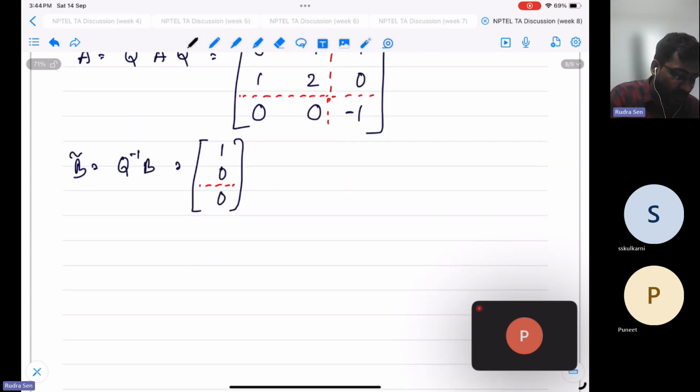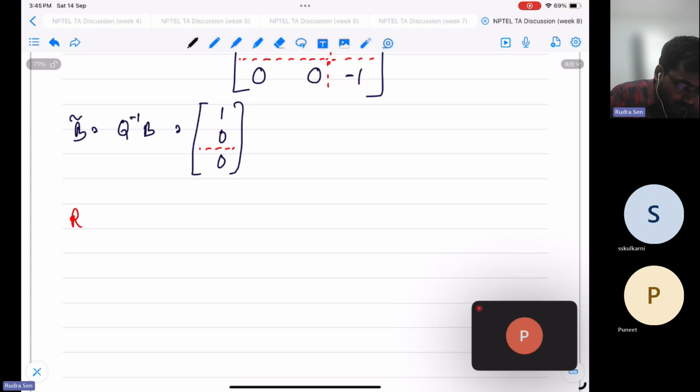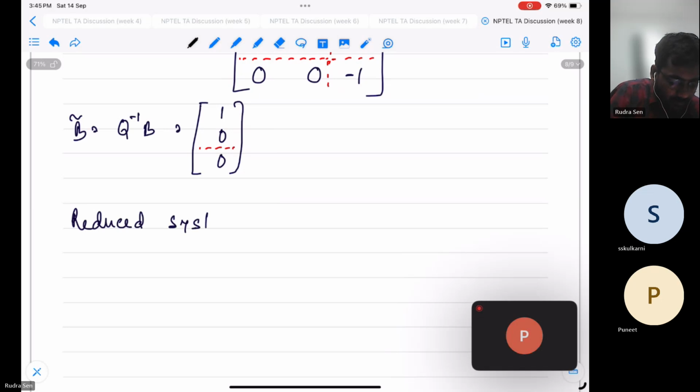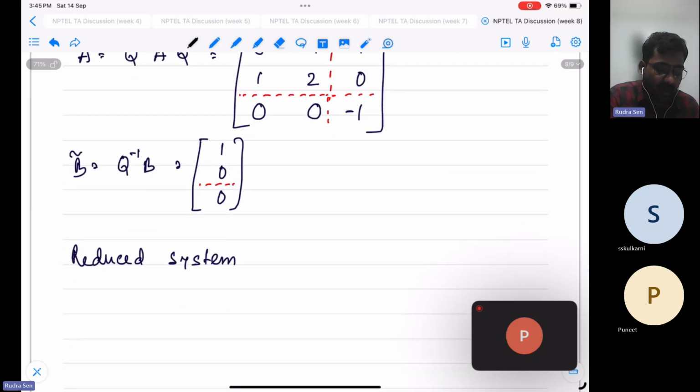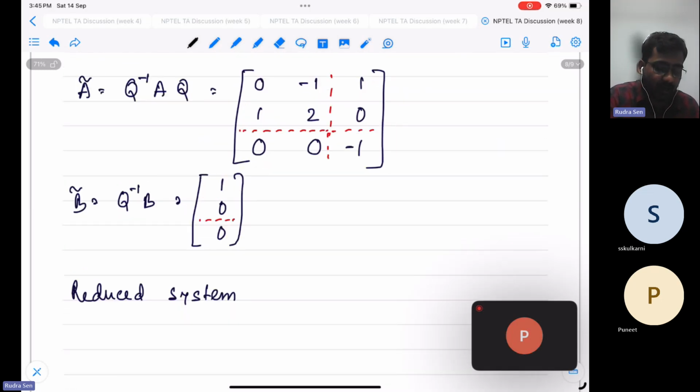Okay. So now my reduced system. What is my reduced system? I am not going to worry about this -1 part. I am just worried about this x1 and x2, because I can control only these two states to reach the desired position.